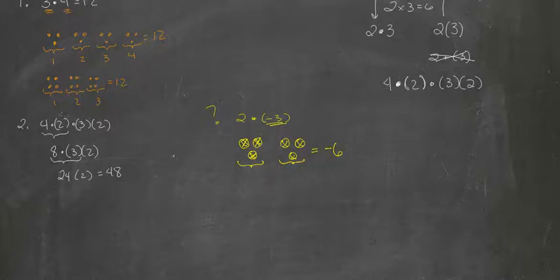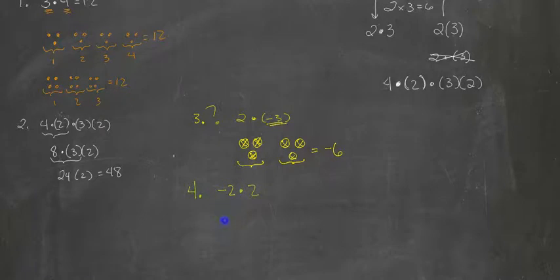Let's look at another one of those. Let's number that one first, 3. So now let's look at number 4. What if I wanted to multiply -2 times 2? So that means I want a pile of -2, but I want 2 piles of -2s.